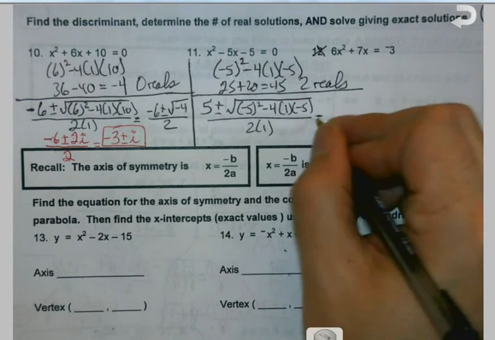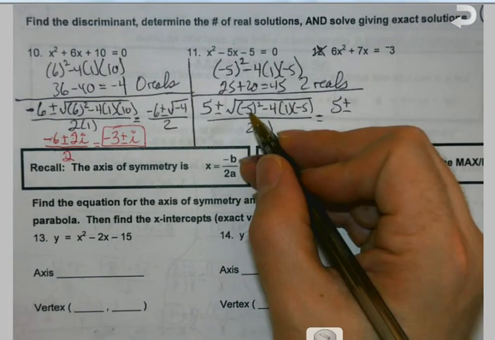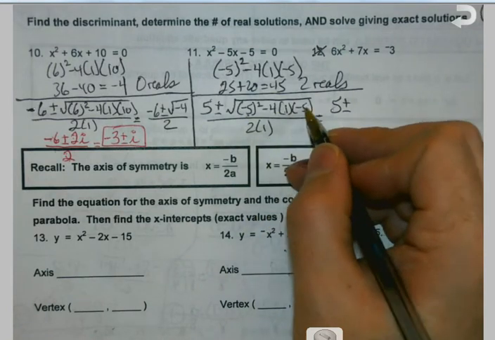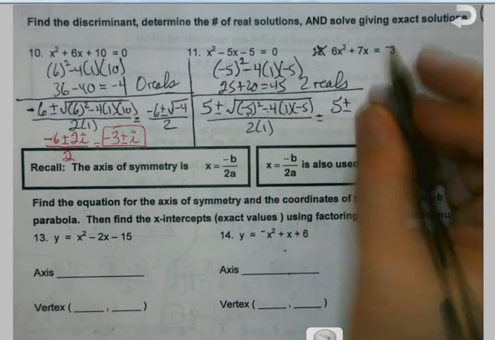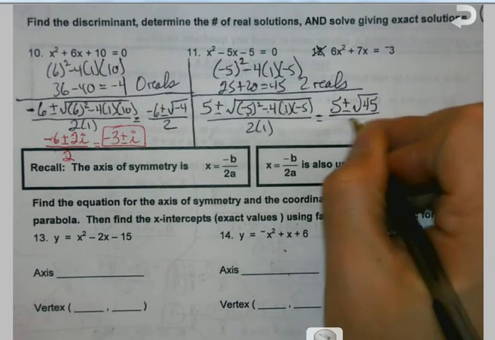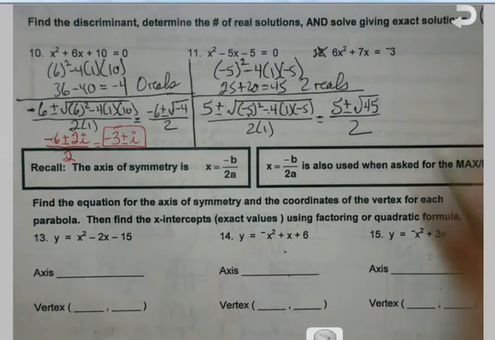All right, let's see what we get this time. Negative 5 squared is 25. Negative 20. So 25 minus negative 20 would be 45 over 2. And again, if you can break down the radical, you should. It's just a good habit to get into.